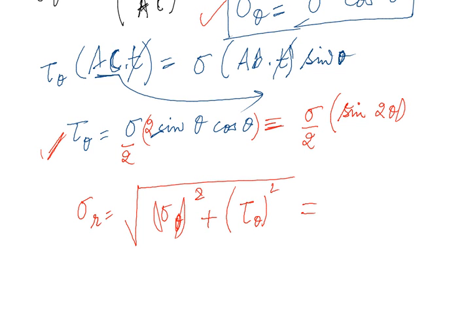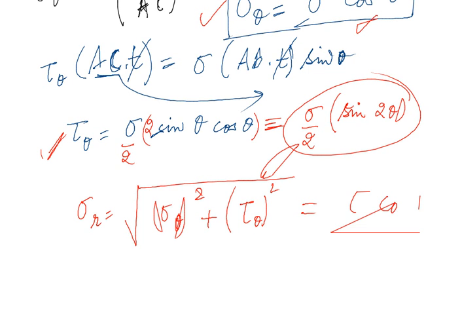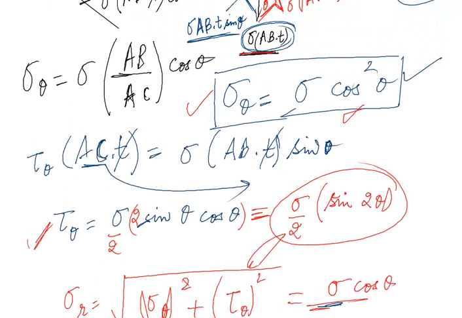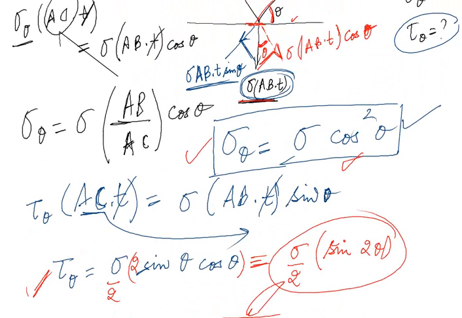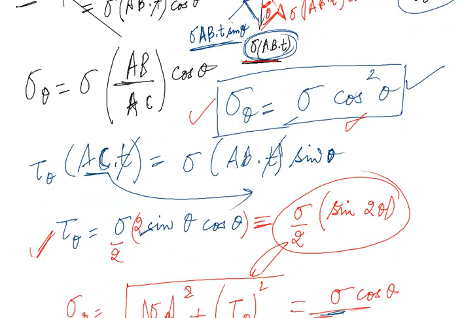Now if you plug in this value and this value in this equation, you would get sigma r as sigma cos theta. So you need to remember that the resultant stress for a system which is just having simple tension in it will have sigma cos theta on any oblique plane, and sigma theta would be sigma cos square theta, and tau theta would be sigma by 2 into sine 2 theta.